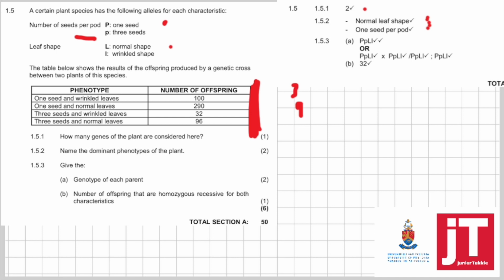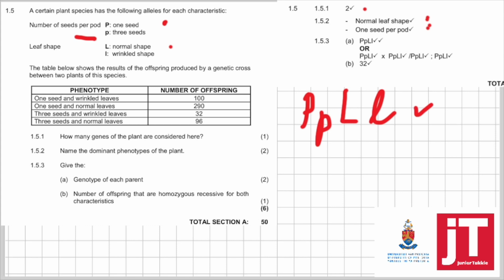So, as you can see, heterozygous, big P, small p, big L, small l. So that's what the parents should be. Of each parent, there's the 1 parent, and then you write it again because the memo wants it, and the question says 2 marks. So that's the parents. 2 heterozygous parents will give you this ratio.